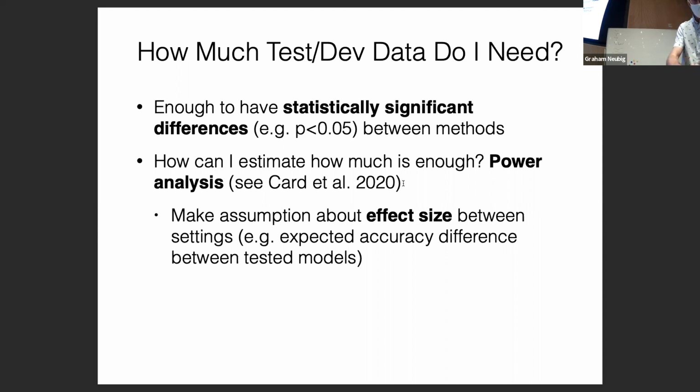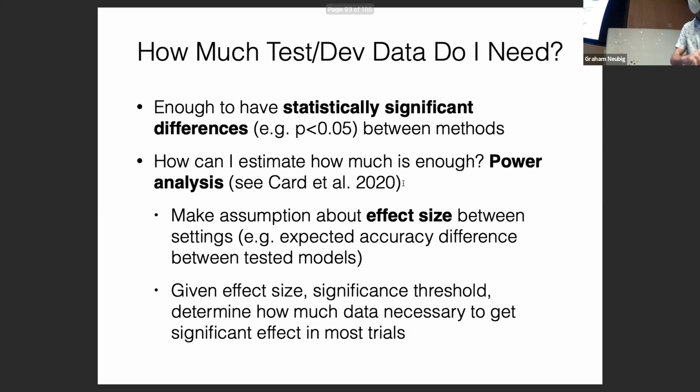Once you do this, given a particular effect size and a significance threshold, you can use a power analysis to determine how much data is necessary to get a significant effect in most trials. Basically, the more statistically significant you want a result to be, meaning the lower the probability you want it to be by chance, and also the smaller the effect size, the smaller the differences you want to discern, the more data you need.